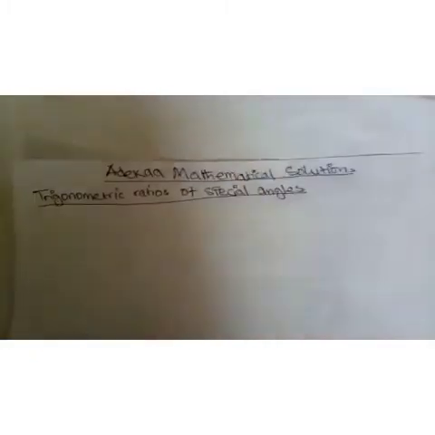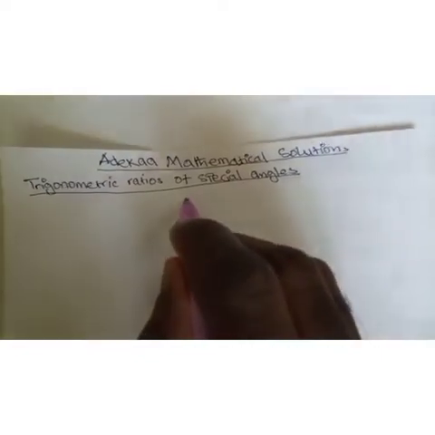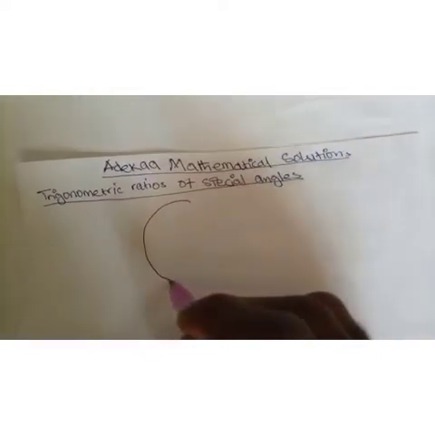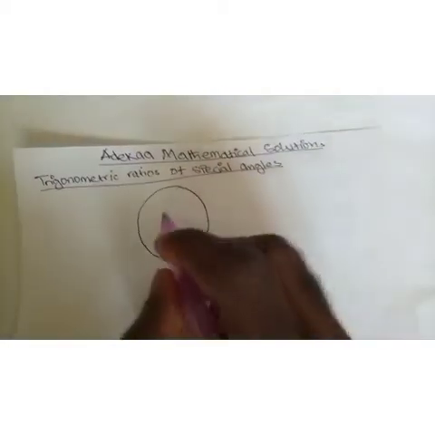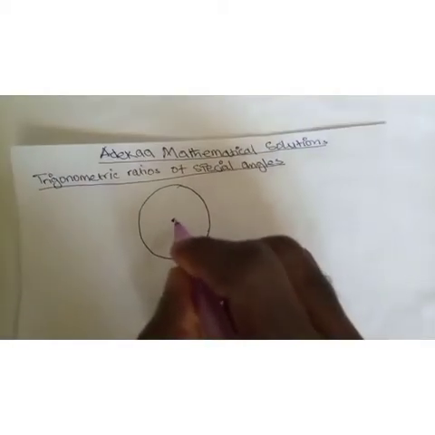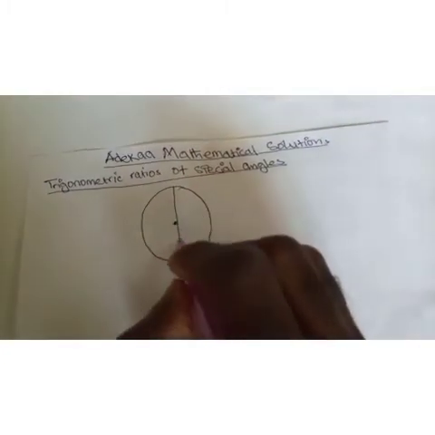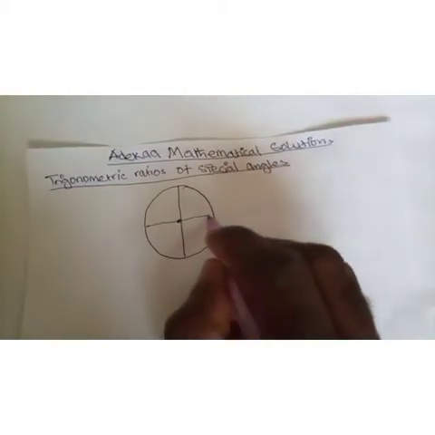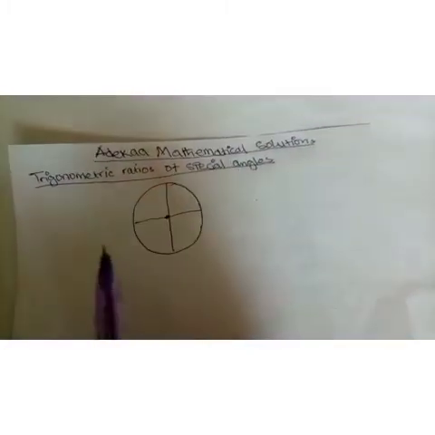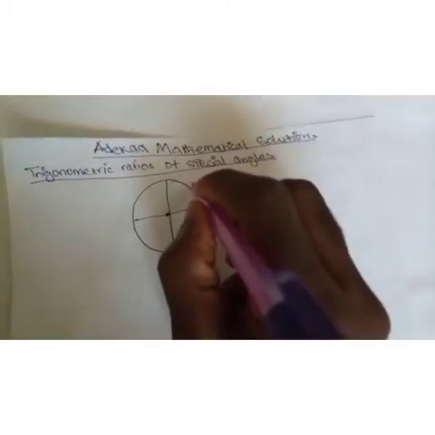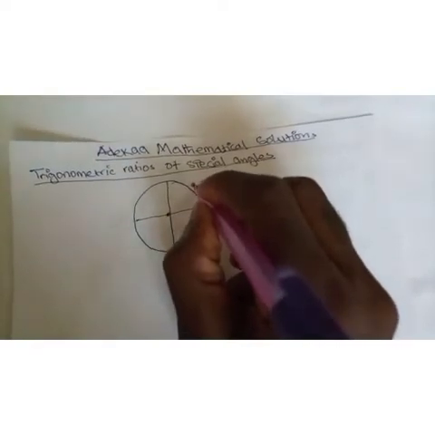So, before we go deeply into this topic, there is one thing I'd like to let you know. What we call quadrants: you have a circle, and this circle, the angle at a point, is equal to 360 degree, and it is divided into four quadrants.